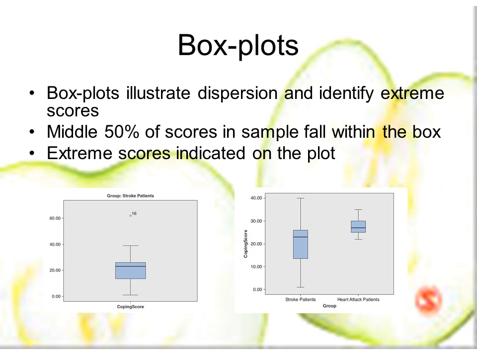If you look at group 1, which is the coping score of the stroke patients, you can look at the average, which is in the very middle, that box itself, but it also identifies the outliers or the extreme scores that we talked about. The straight line that goes horizontal at 0 and the straight line at 40, those are our extreme scores.